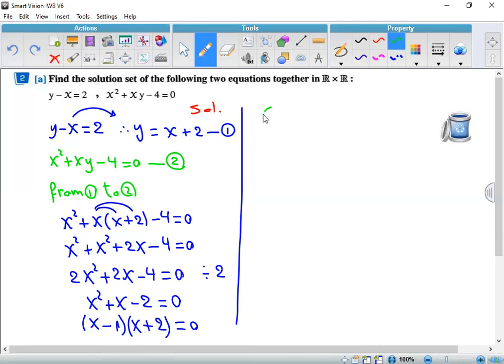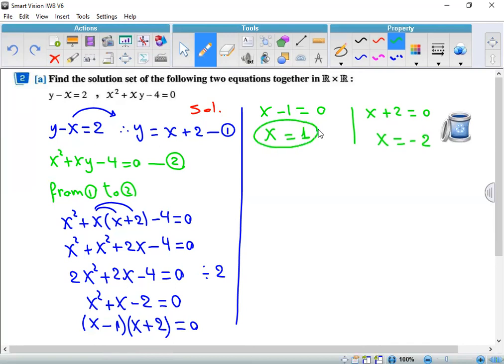Then x minus 1 equals 0, or x plus 2 equals 0. Then x equals 1, or x equals negative 2. This is the value of x.